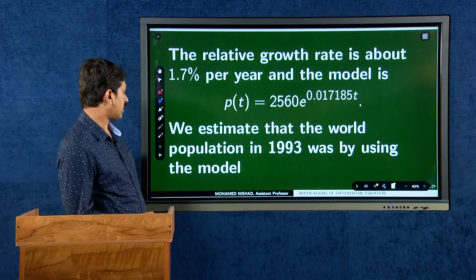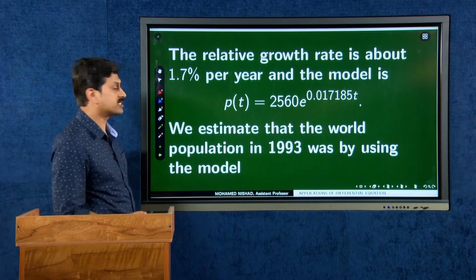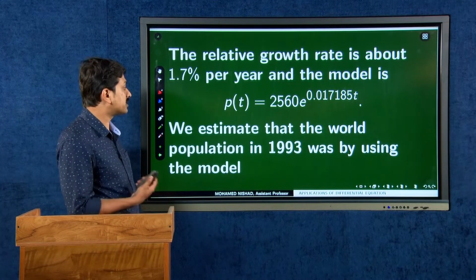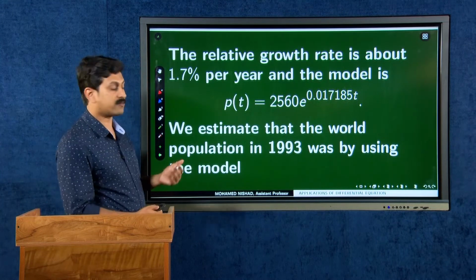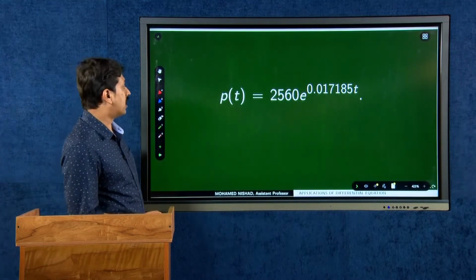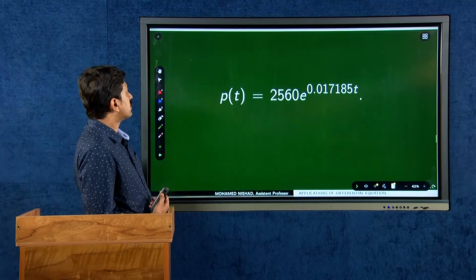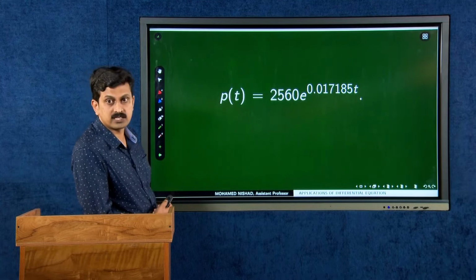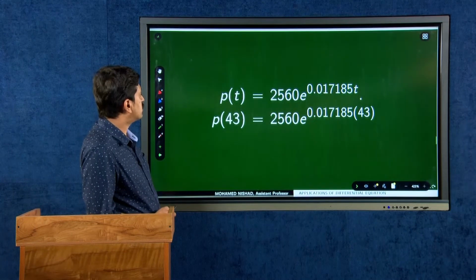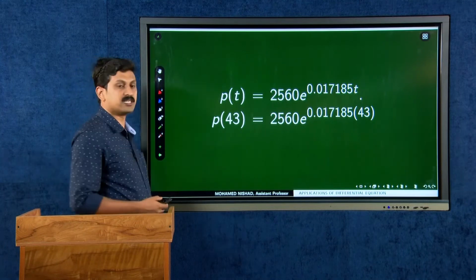Now, we estimate the world population in 1993 by using this model. We have the formula P of t as a function like this. Now, dear friends, from this population function we can find P of 43.